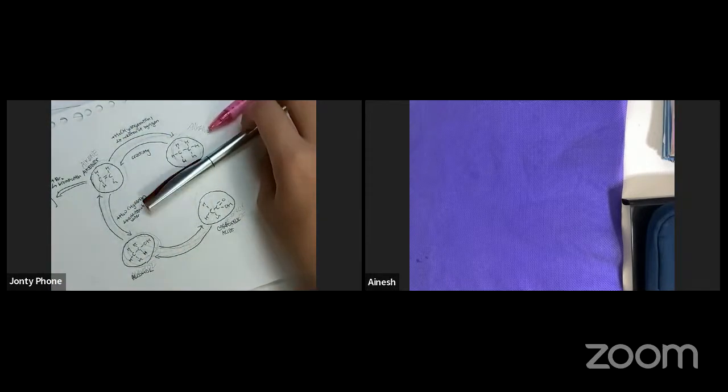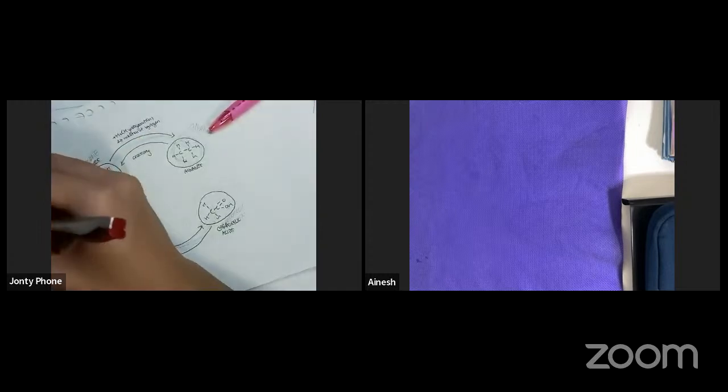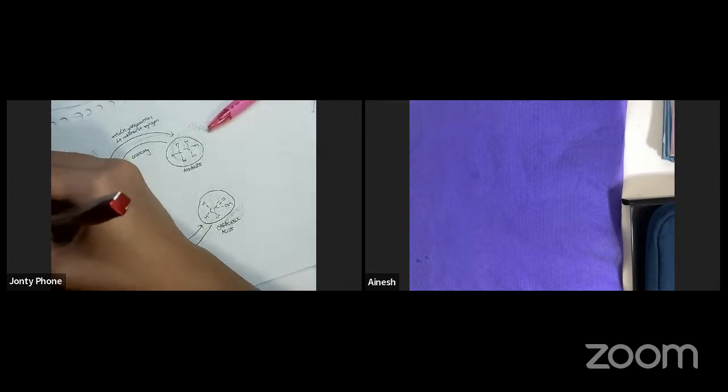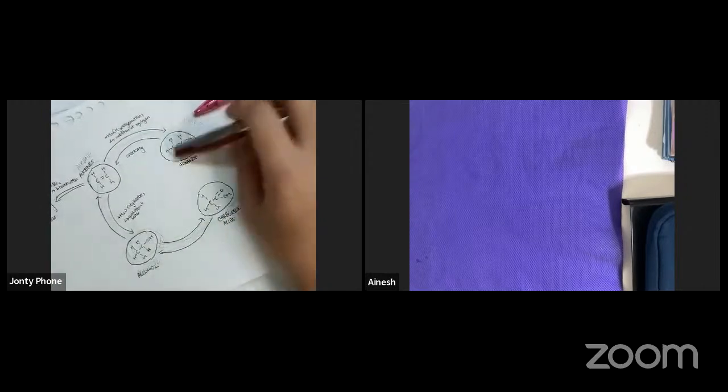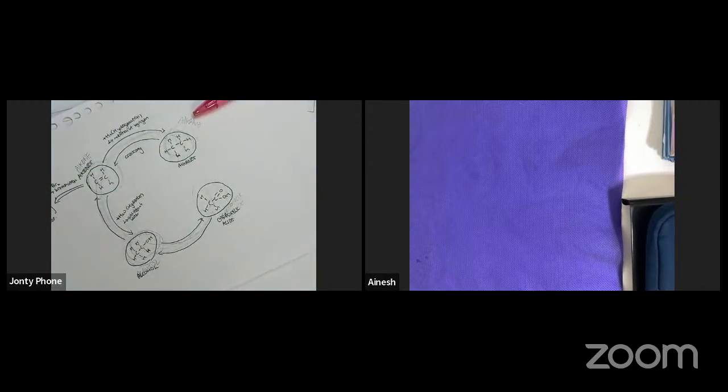Now, Ainesh, are you okay with this? I'm not very clear. One more time. I'll just tell you first. Alkene is colorless, plus a brown liquid. So far, so good? And then you draw this wonderful thing, which is the result.